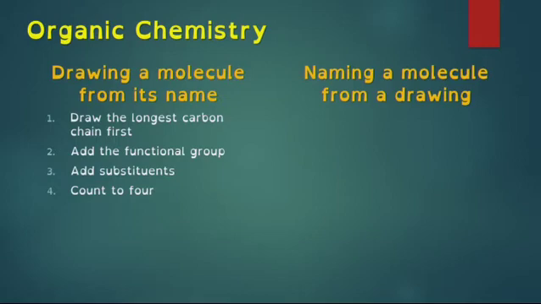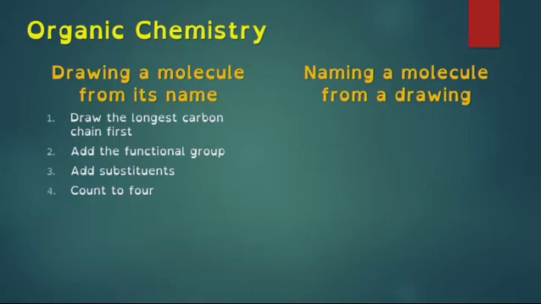Once you've drawn your carbons and you've added your functional group and your other substituents, I want you to go and look at every single carbon you've drawn and count to 4. Every single carbon you draw must have 4 bonds, whether that's a double bond, which counts for 2, or just single bonds. Make sure that at every carbon you count to 4. And as I count to 4, for the numbers that I'm missing, I draw a line.